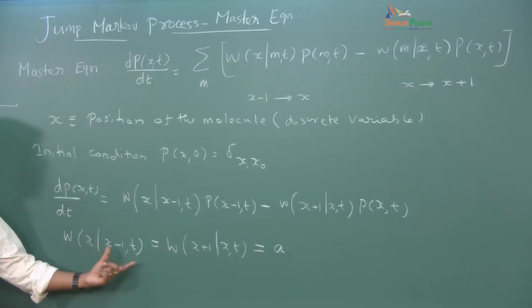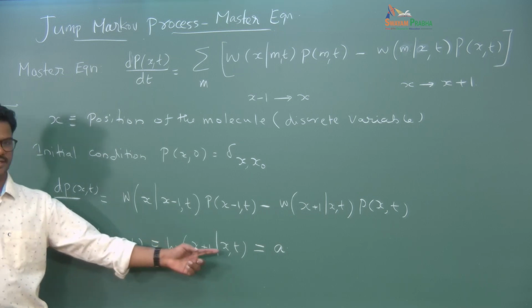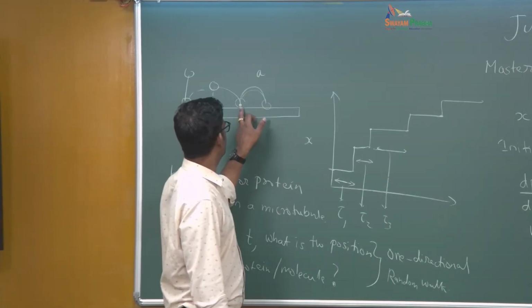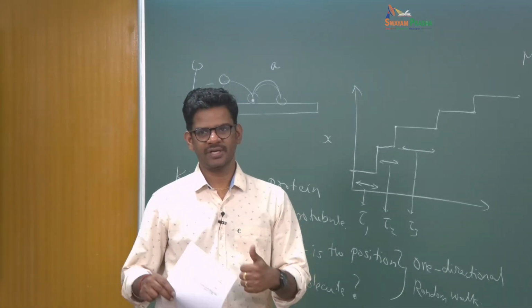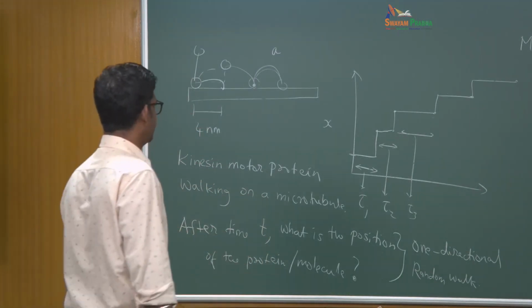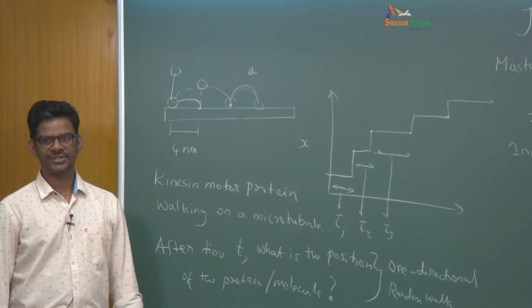The rate of jump, or the transition probability per unit time, does not depend on the position x or x minus 1; it is a constant. So whether it's going to be here or here, the rate is always constant. This is an assumption that we are making because it doesn't depend on the current position. Whether it is in the nth point or the n plus 1th point, the rate of this jump is a constant.